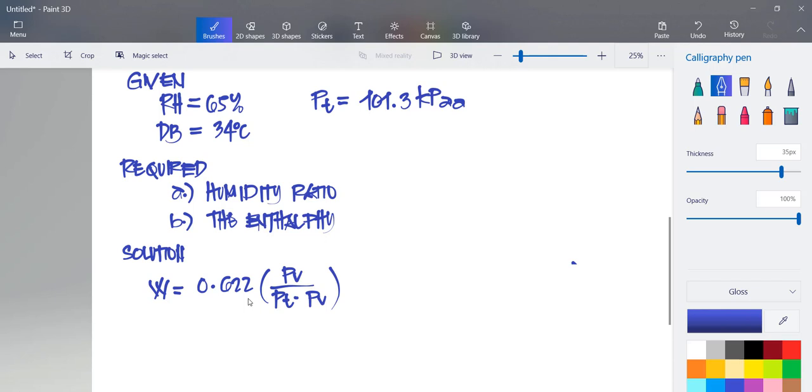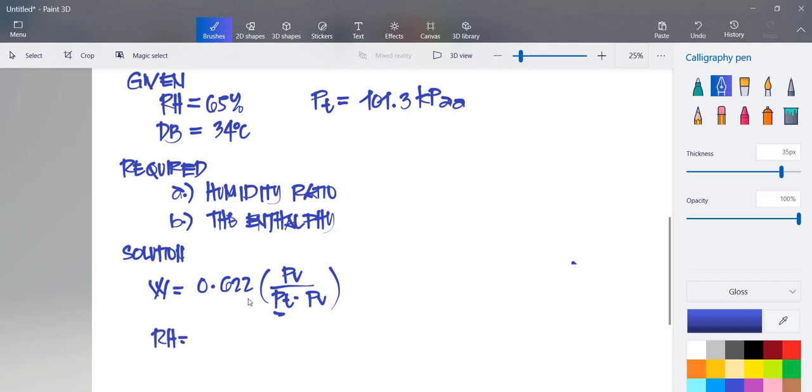So from here, we can determine what will be the unknown, no? So we have the total pressure na meron tayo. Ang wala na lang tayo ito yung PV, partial pressure of vapor. But we have the equation, no? So we have the equation, which is your RH, or relative humidity.